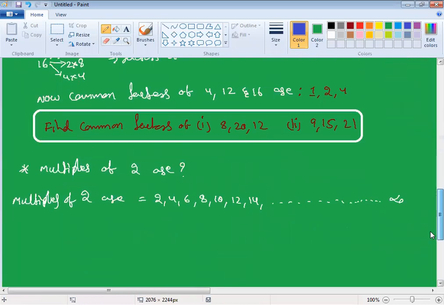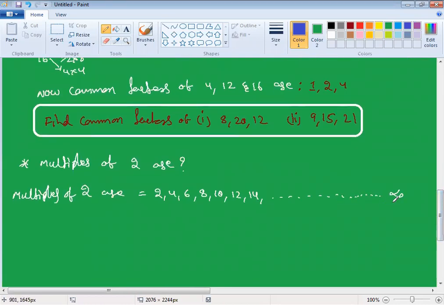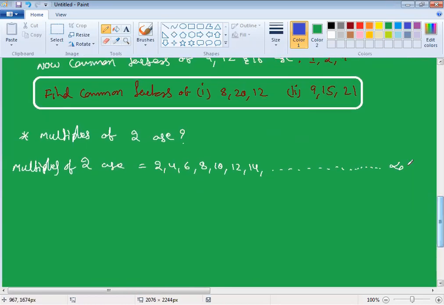But the multiples of any number are always infinite. So you should remember these 2 points also. Multiples we can write infinite, but factors only finite, depending on the number. Okay, now we are going to discuss common multiples.